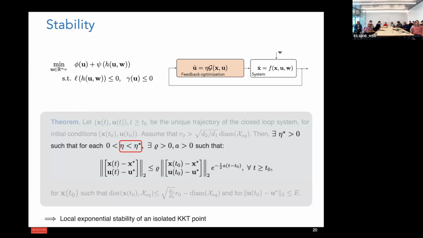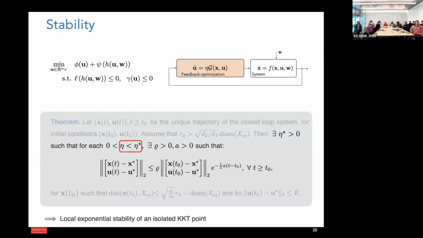The result is as follows. There exists an eta star, which I can write down in a mathematically rigorous way, and I'm not providing the expression here, so that if I pick the gain eta less than this eta star, I have these results in terms of transient, right?